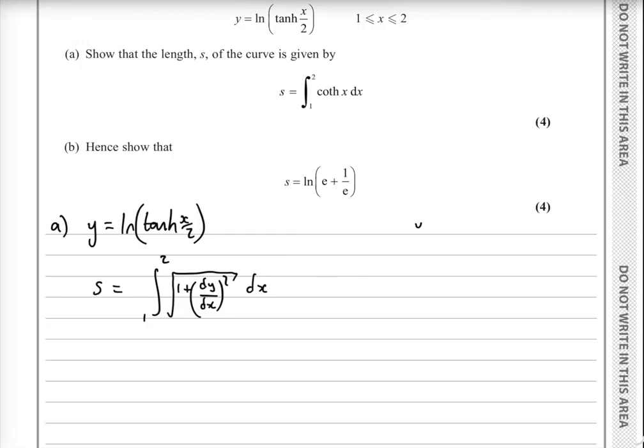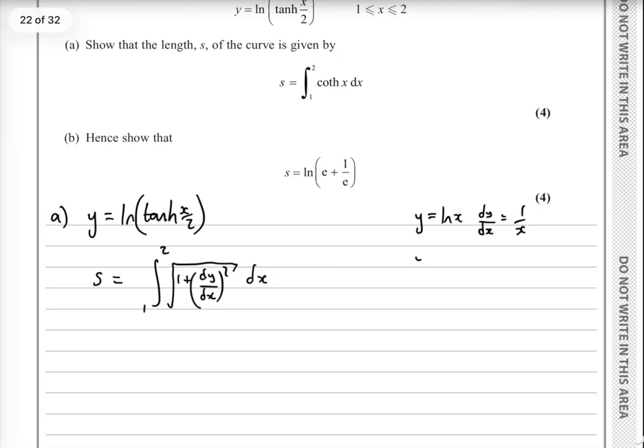Now over here, let me note the derivative of log x, of course, is 1 over x, but if you've got a function, it's the derivative divided by the function, and that's dy by dx.